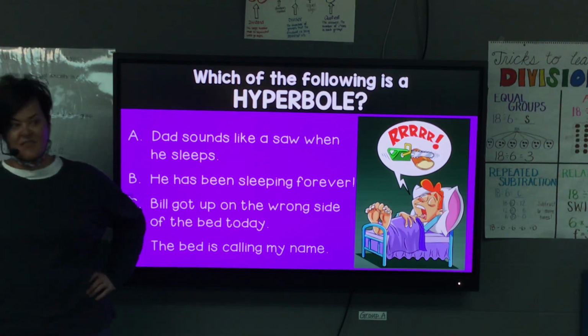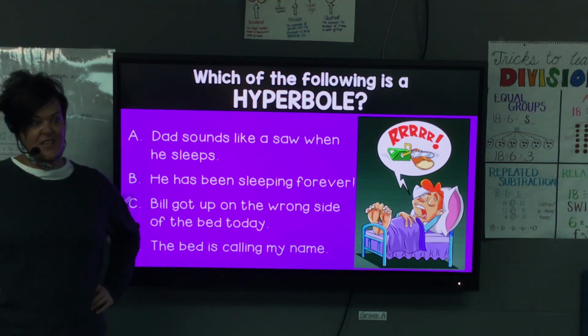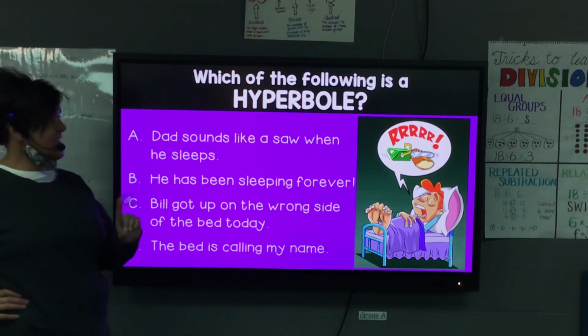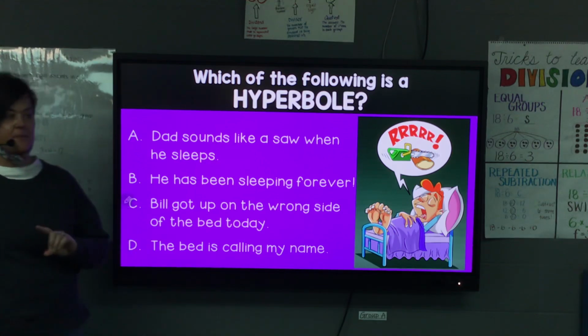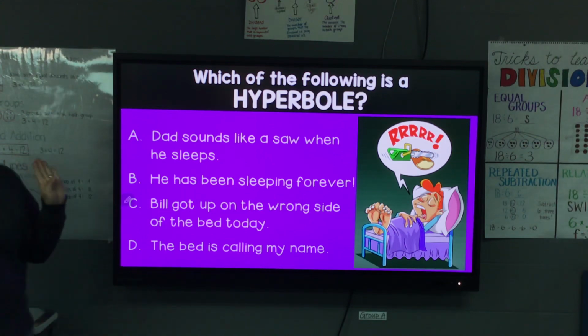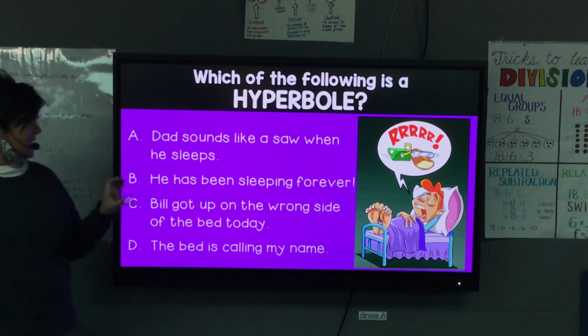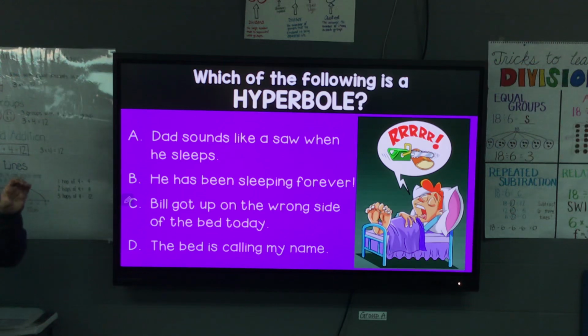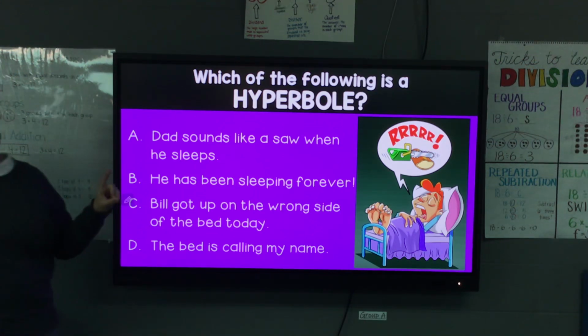Some of them sound like they could work, but there's one that is a true hyperbole. Do you think it's A, Dad sounds like a saw when he sleeps? B, he has been sleeping forever? C, Bill got up on the wrong side of the bed today? Or D, the bed is calling my name?